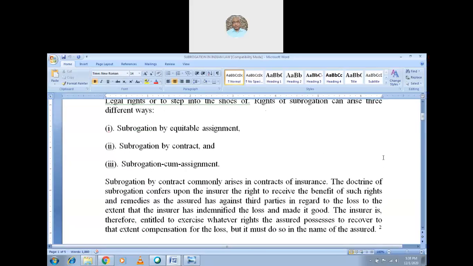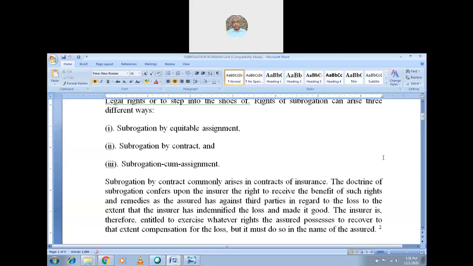So subrogation by contract commonly arises in contracts of insurance. The doctrine of subrogation confers upon the insurer the right to receive the benefit of such rights and remedies in regard to the loss to the extent that the insurer has indemnified the loss and made it good. The insurer is therefore entitled to exercise whatever rights the assured possesses to recover the compensation for the loss, but it must do so in the name of the assured.